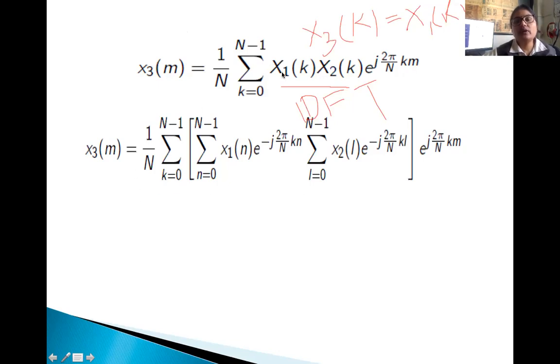Then in the bracket, we have considered one more term called x1 of K. So the value of x1 of K is substituted here, and the value of x1 of K is summation n varies from 0 to n minus 1 x1 of n into e raised to minus j 2 pi K n divided by capital N. This is the value of x1 of K.